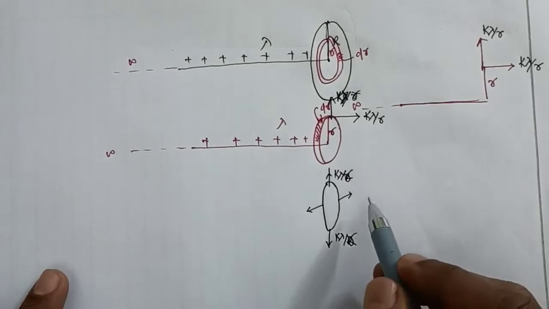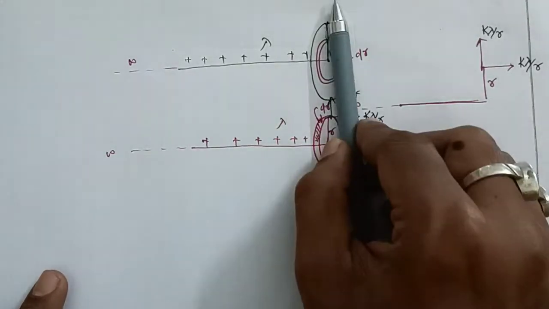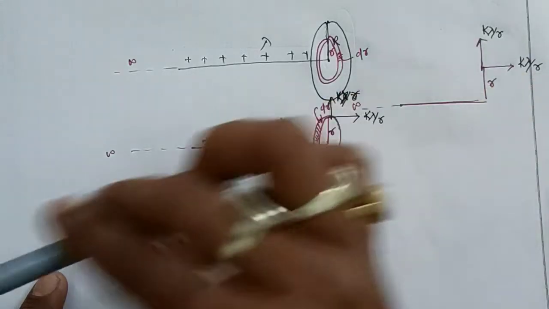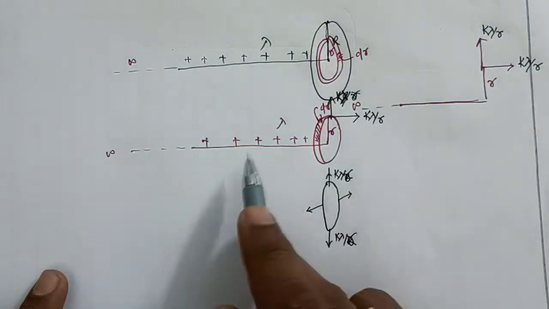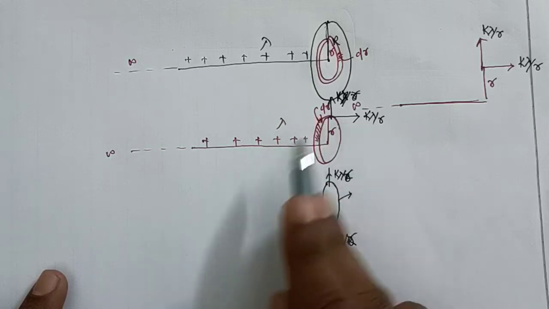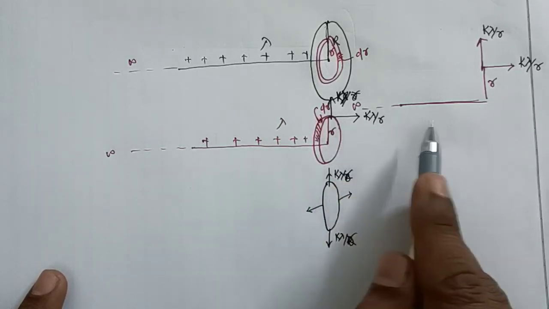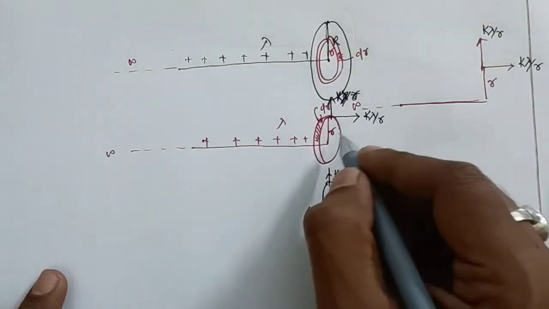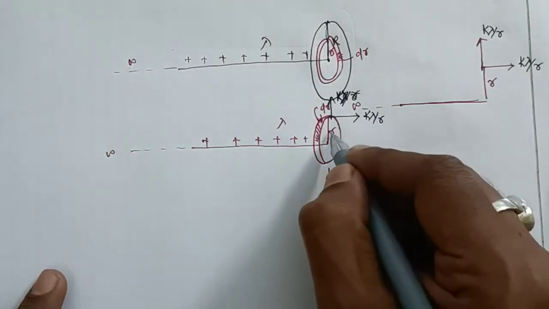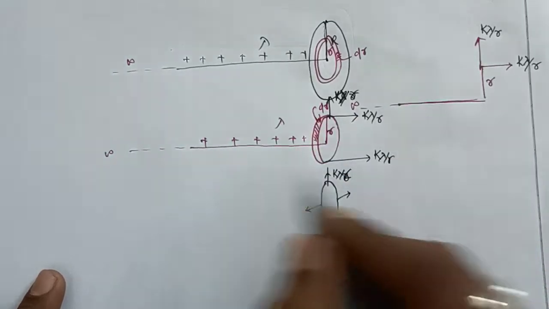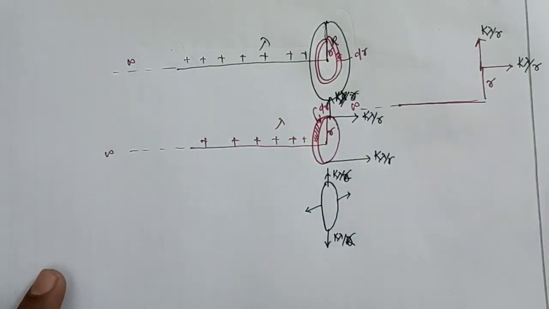A student has to imagine that this section goes upward, this section goes downward, and that side goes like this, that side also goes like this. So what will happen? The net electric field is only in the horizontal direction, that is k lambda by r. The rest of the perpendicular components have cancelled each other.